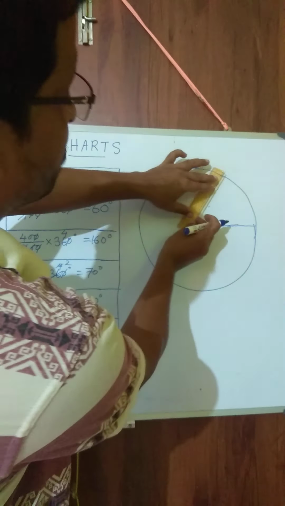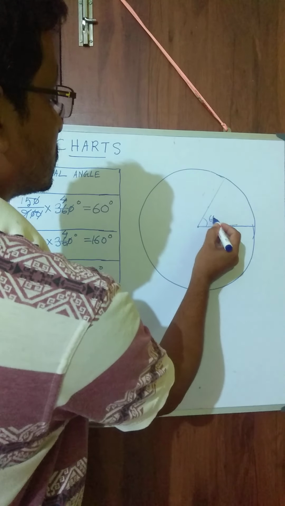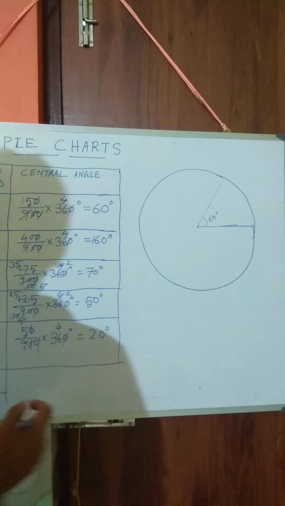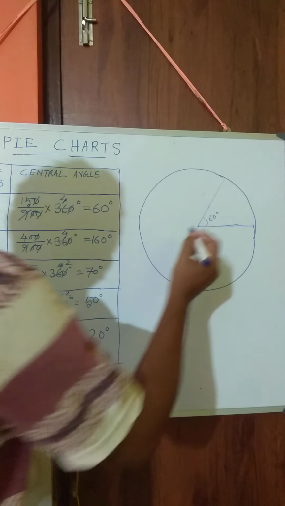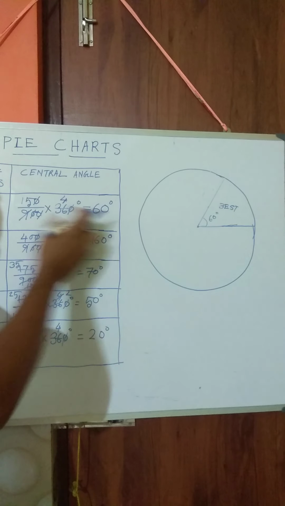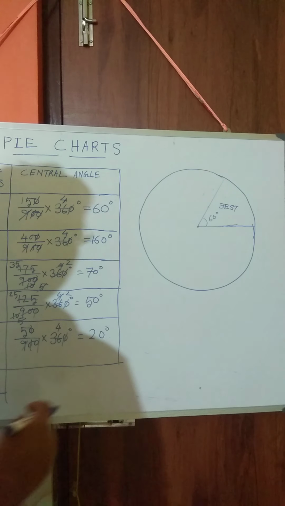With the help of scale, you draw this line. And here you write beast, because the first 60 degree angle represents the animal beast.